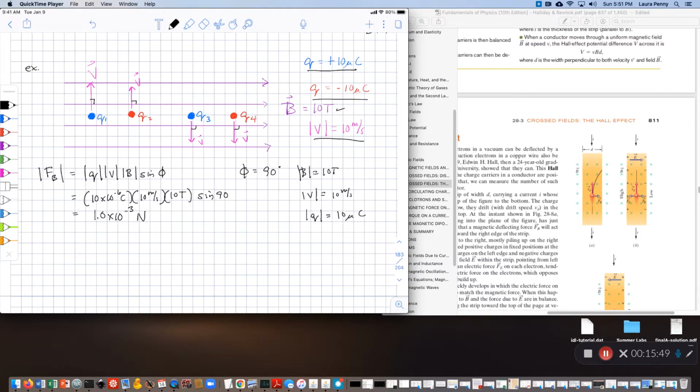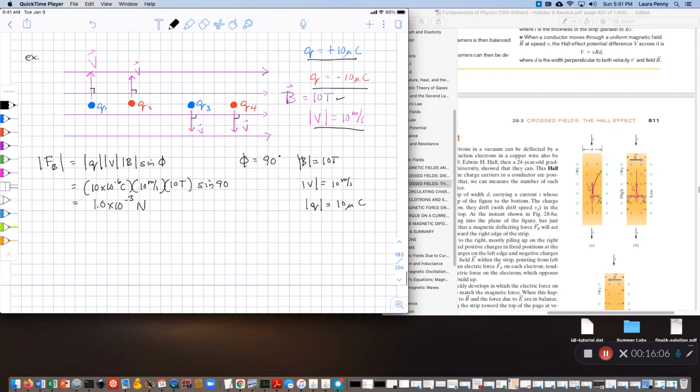Let me double check it just to make sure. 10 to the negative 6 times 10 times 10. Yep. So they all have the same magnitude of force. But the directions are going to differ here.